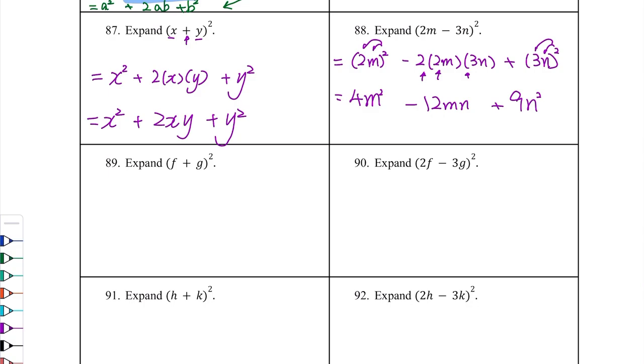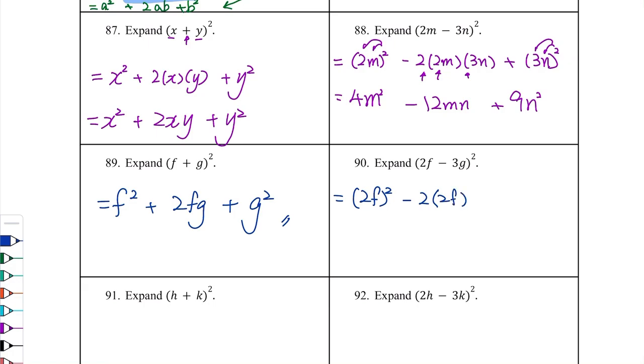So again, a plus b square will equal a square plus 2ab plus b square. Easy. Same goes here. A square minus this time 2ab plus b square.